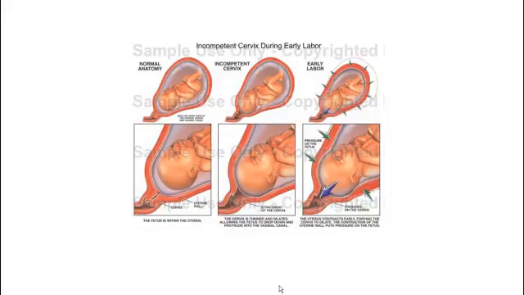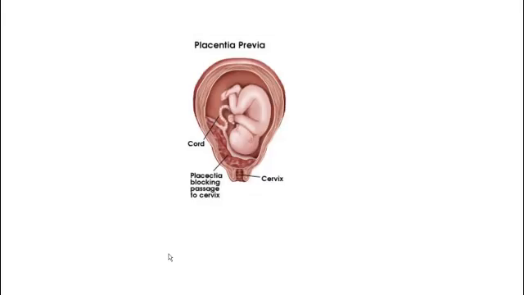If a woman is experiencing persistent bleeding throughout the second and third trimester, again, that's telling us something is getting out through the cervix, and we don't want that to happen. Placenta previa, I think we looked at this before. This is when the placenta, instead of being up on the side of the uterus, is down on the bottom.